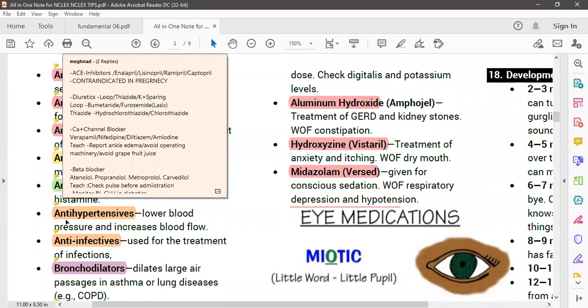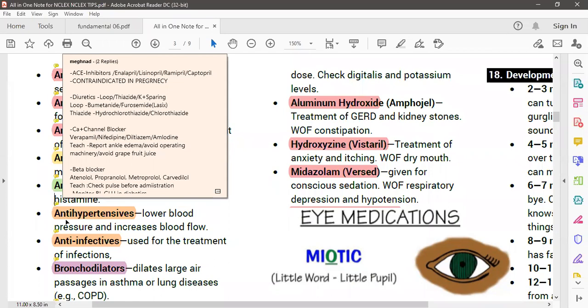Let me recap it. Loop diuretics or thiazide diuretics both are potassium depleting. Both can cause hypotension, hypokalemia, hyponatremia. They can cause tinnitus or photosensitivity.